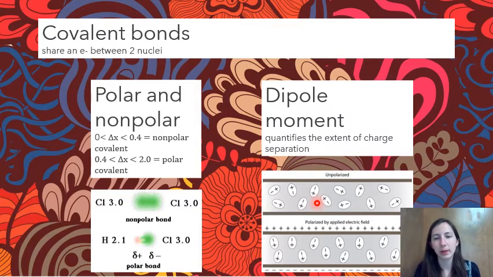But as soon as the electric field is flipped on, the negative end of the molecule is going to orient itself towards the positive side, and the positive end of the molecule is going to orient itself towards the negative side of the electric field.